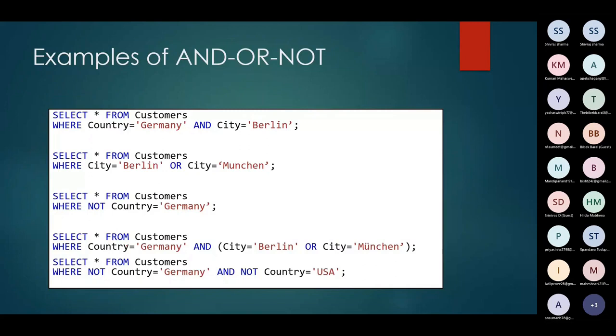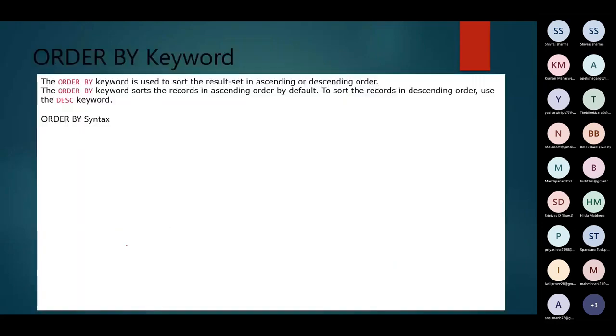The output is 67. Now, coming towards the last thing of today's session, which is ORDER BY. We will see how to arrange any column in ascending or descending order. By using ORDER BY, you will easily sort the column in ascending and descending order. Let's see the syntax for ORDER BY.